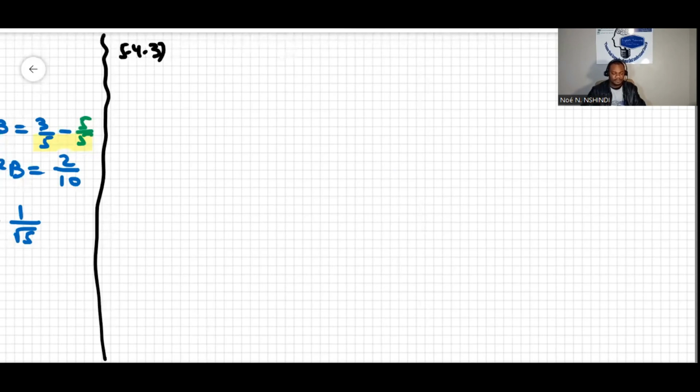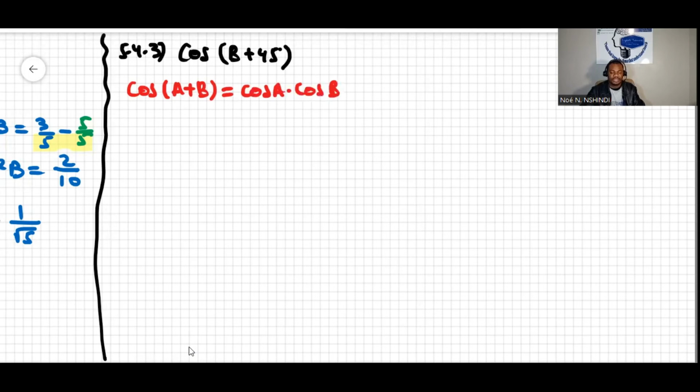It's like we have cos of b plus 45 degrees. There's a property that says this. For the compound angles, we have cos of a plus b, the formula. This will be equal to cos a times cos b minus sine a times sine b.